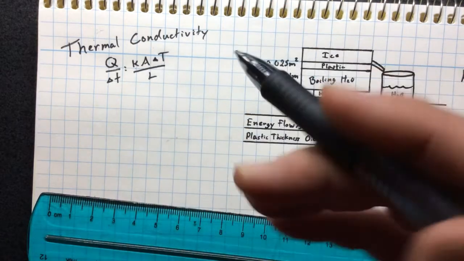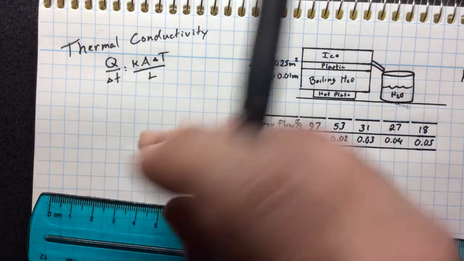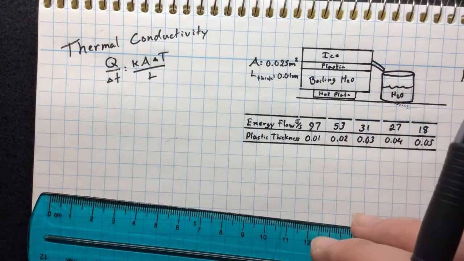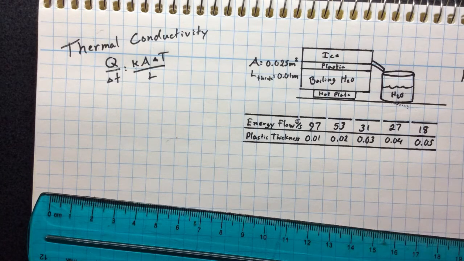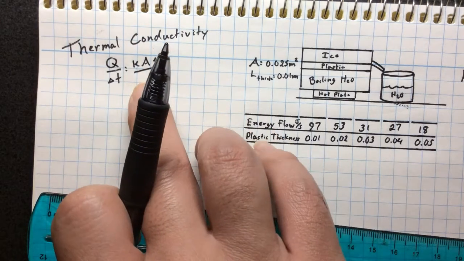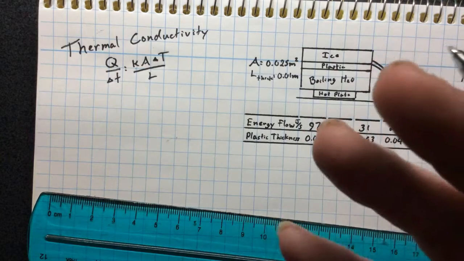It might even transfer it away. The area in contact, and then L is going to be the thickness of that thing that's in contact. So, if you have something that's really thick and insulative, then it's not going to transfer heat very fast, because as L gets bigger and bigger, it's going to make the equation smaller and smaller.